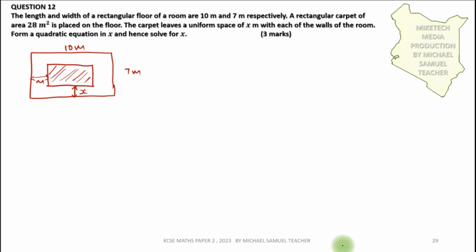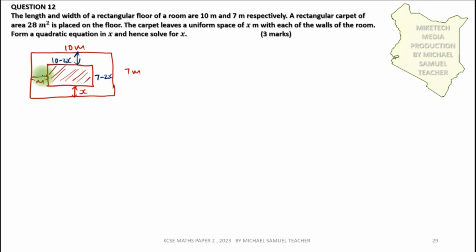So we need to find the dimensions of the carpet. Here it's also x, so it will be x plus x, that is 2x. So this side is 7 minus 2x. Then the other side of the carpet will be 10 minus 2x.